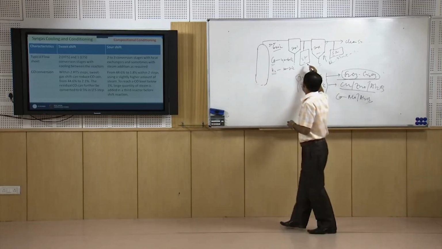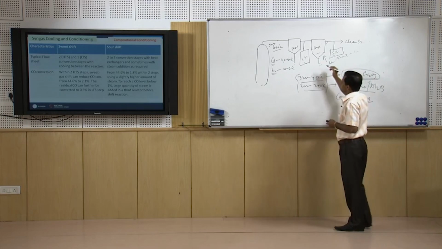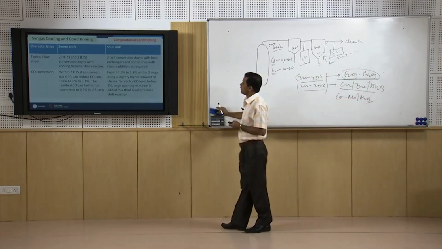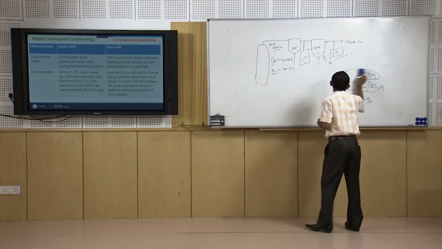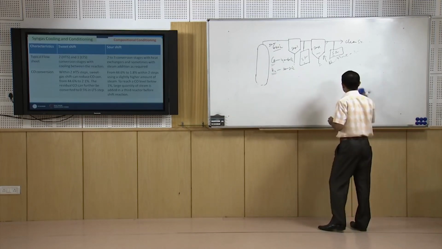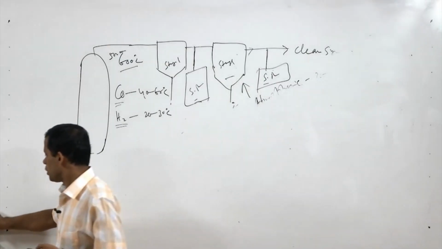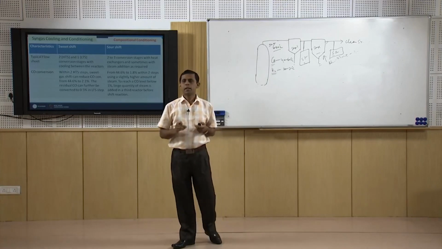Now, to achieve the conditioning of the syngas, we may use sweet shift reactions or sour shift reactions, but whichever we use, we need to follow both high temperature and low temperature shift reactions.